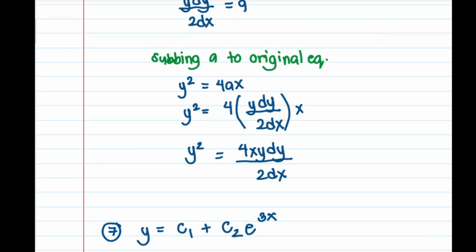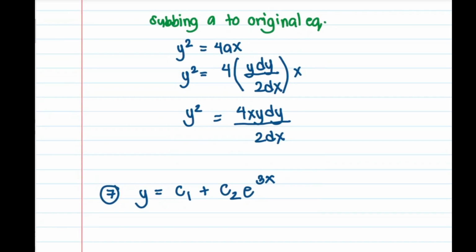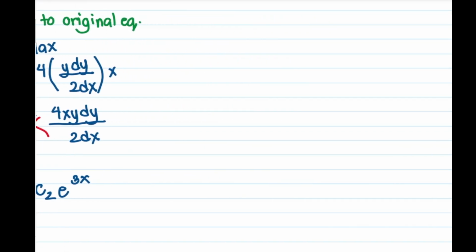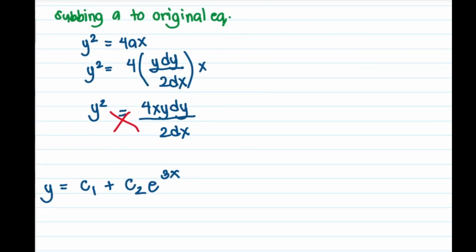So simplifying further, we can simplify this by cross multiplying. So this one will yield 2y squared dx equivalent to 4xy dy.